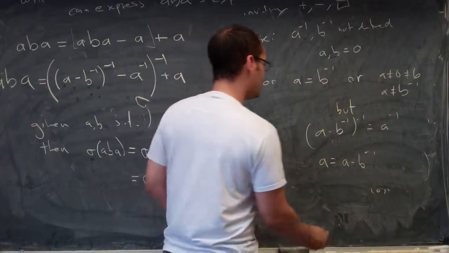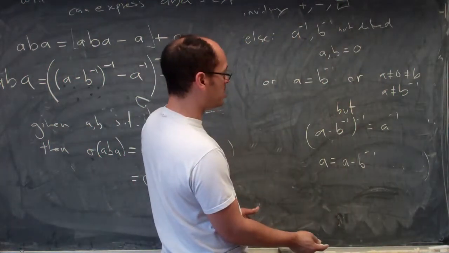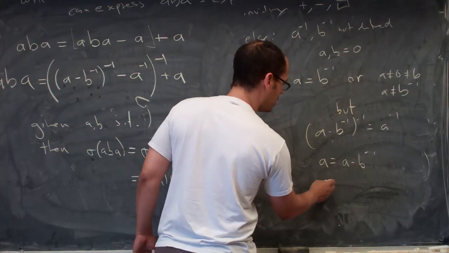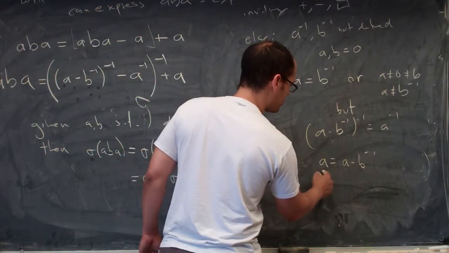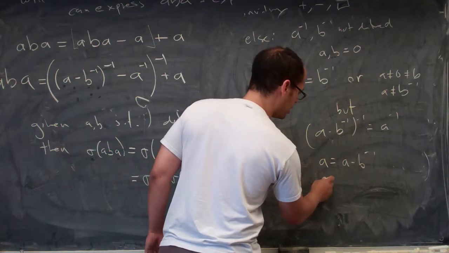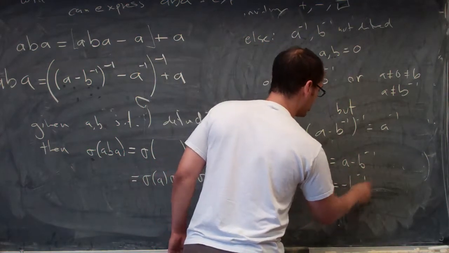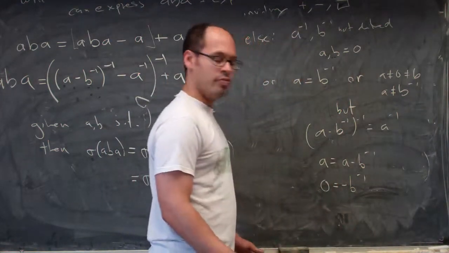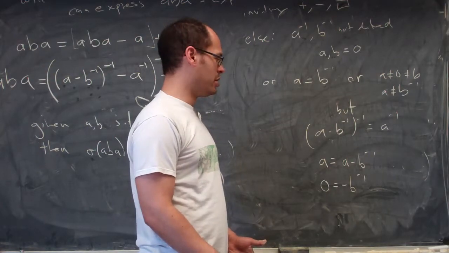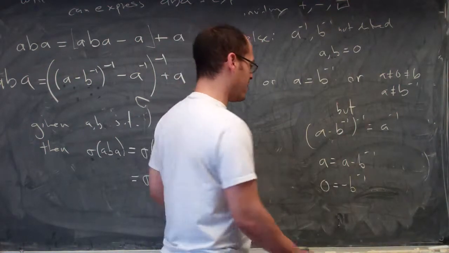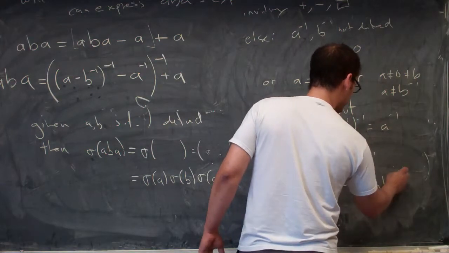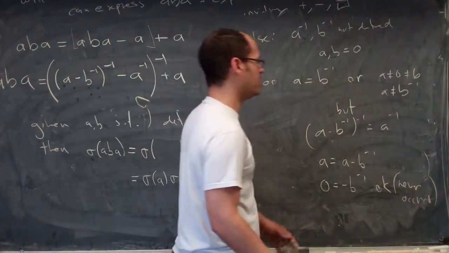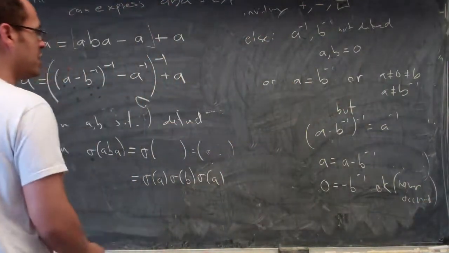Well, but if A is the same as A minus B inverse, then you can subtract off A's and find that, subtract off your A and you get that 0 is equal to minus B inverse. Oh, but if B is invertible, 0 is not going to be its inverse, so this never happens. It never occurs because we've eliminated those kinds of possibilities already.